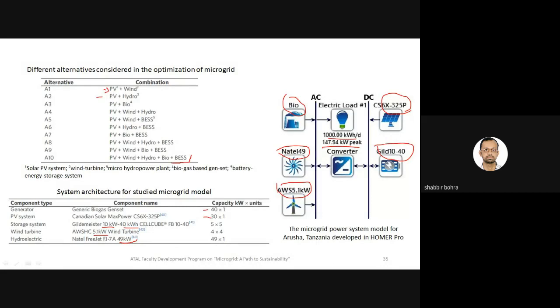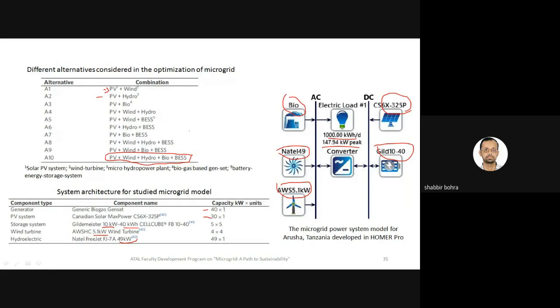So what is inferred from this? It has been inferred that it doesn't mean that if you employ all the sources, that would be the most beneficial, most preferred combination. Here the most preferred is either one may go for PV and wind, one may go for PV and hydro, one may go for PV and bio, and then PV, wind and hydro.